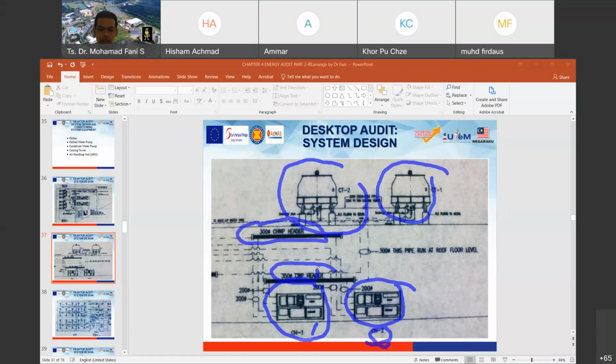This one is the feeder for the condenser. The flow of the piping goes to the condenser, and this one is the evaporator, going back to the chill water pump header, which then goes to the CT1.